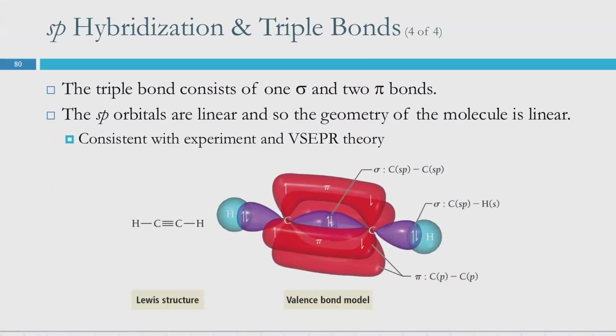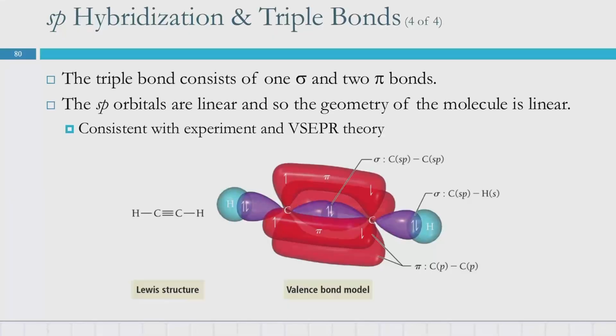So if we look at acetylene, HCCH, we've got our carbons in the middle. They're bonded to hydrogens on either side. They use their hybrid orbitals to bond with the hydrogen and also to bond with the carbon. That's how they get their sigma bonds, the end-to-end overlap.